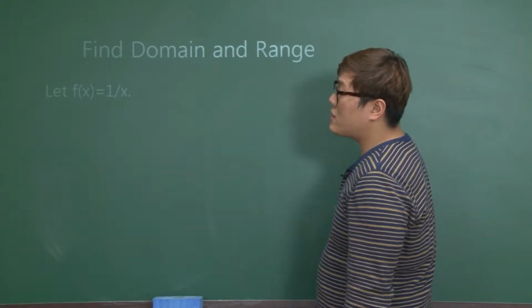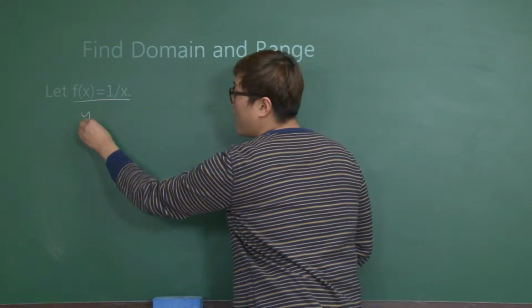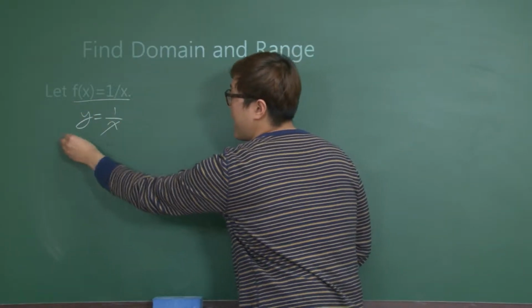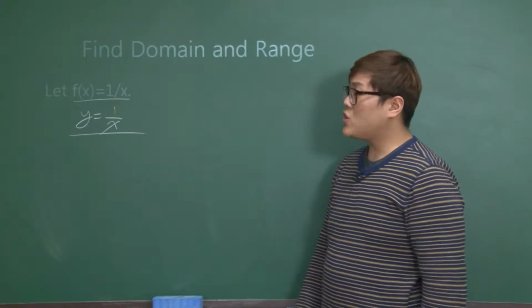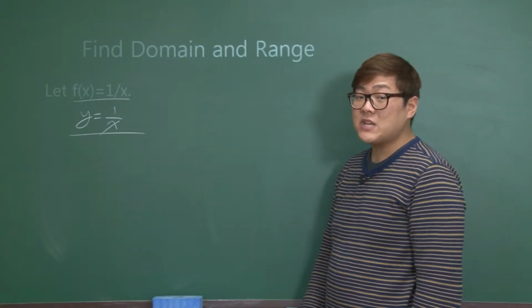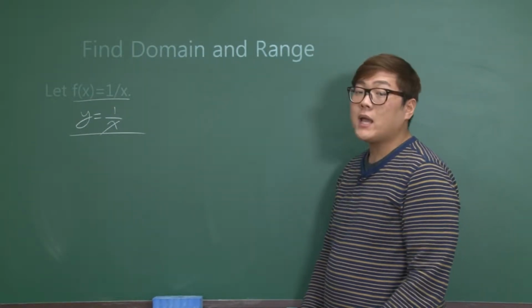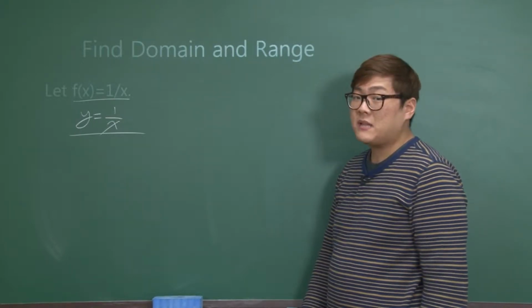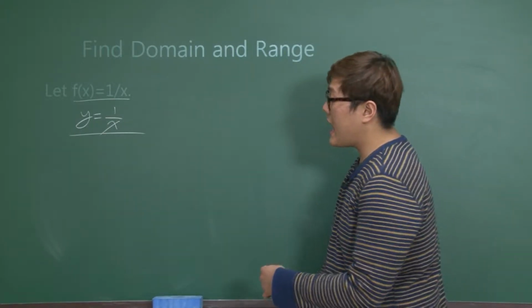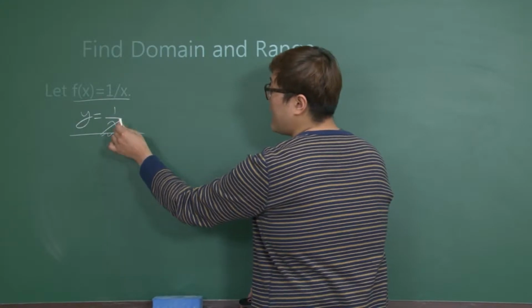So let's think about 1 over x. This also means y equals 1 over x. So if you plug in some value for x, then you get some value for y. But how do you find the domain and the range? First, x can be any value.